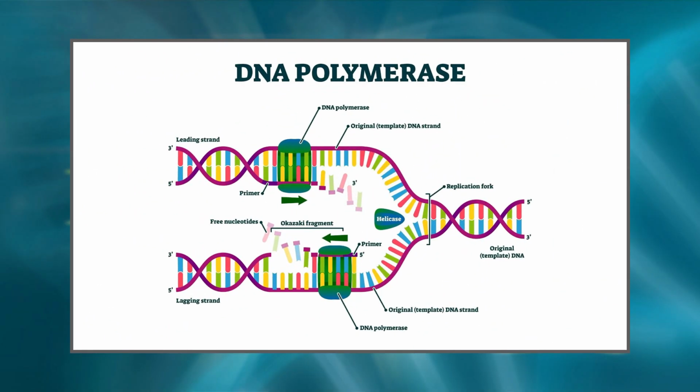DNA polymerase can only add nucleotides at pre-existing 3-hydroxyl groups, which are thus provided by the primers. As we can see, primers are short stretches of RNA, but replication is of DNA. So therefore, after elongation of the chains of nucleotides, these primers are replaced by DNA.